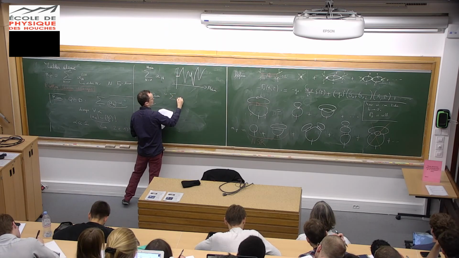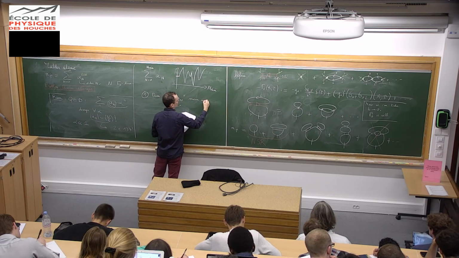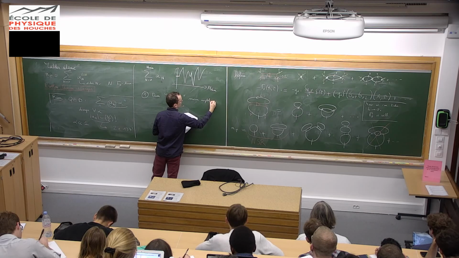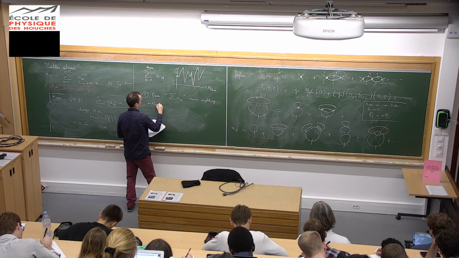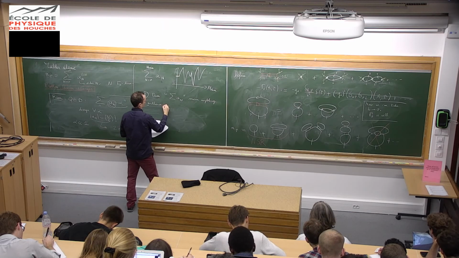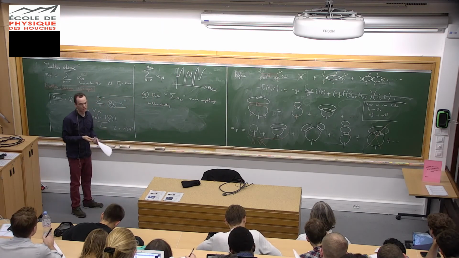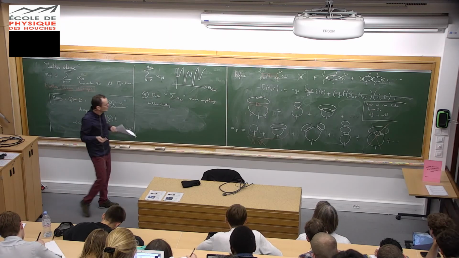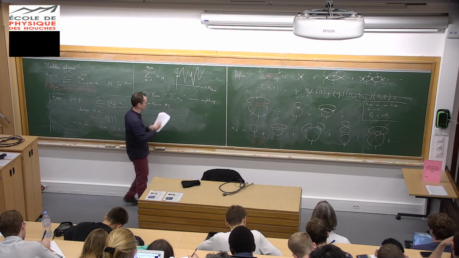Does this diagrammatic series, sum of A_n, mean anything mathematically? Because so far it's just a sort of combinatoric construction. Like we play around with these diagrams, but it's not at all clear whether it has any mathematical meaning.